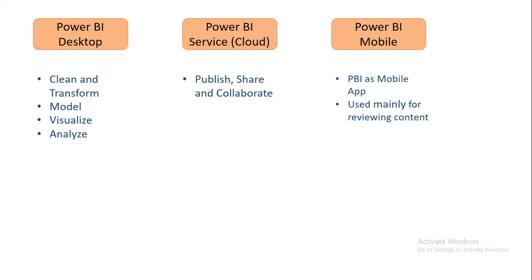I missed that. Yes, in Premium also we have two types. One is called Premium Per User, which has certain pricing, and another is Premium for the whole organization, which has a different pricing. So there are two types of Premium as well.